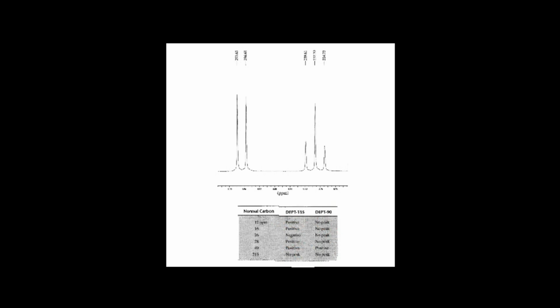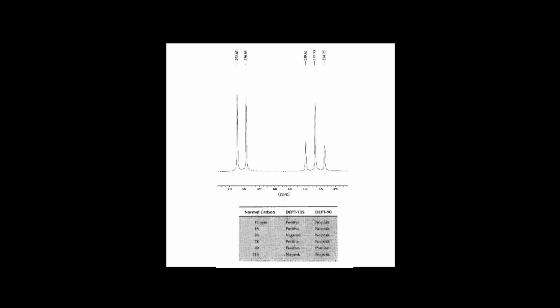I hope you understand the meaning of DEPT: distortionless enhancement of polarization transfer. This is a special technique in NMR. It gives you an idea about the types of carbons present in the molecule, whether a carbon is connected with one hydrogen, two hydrogens, or three hydrogens.